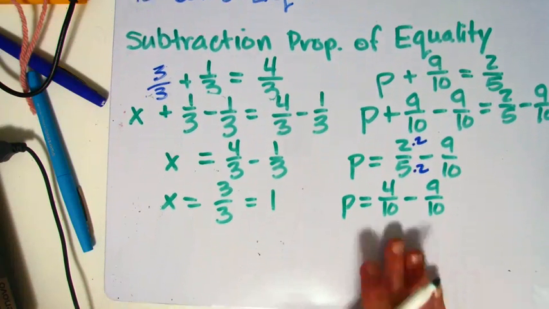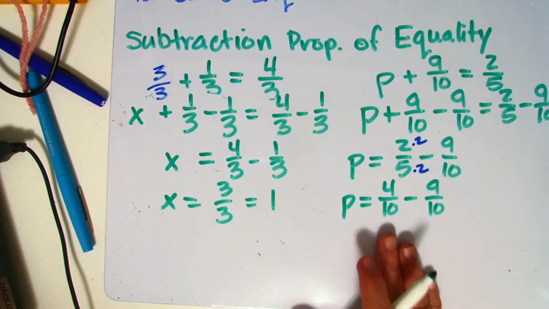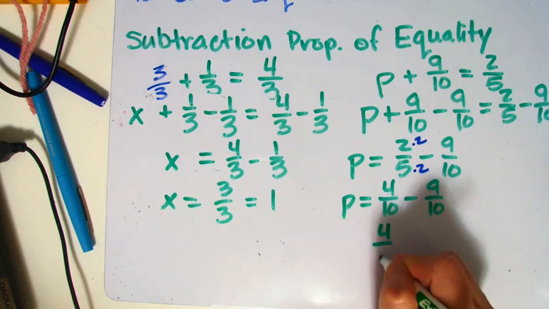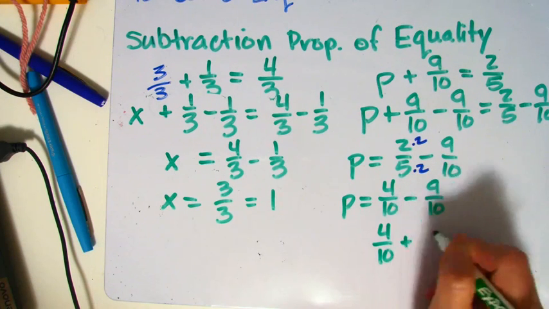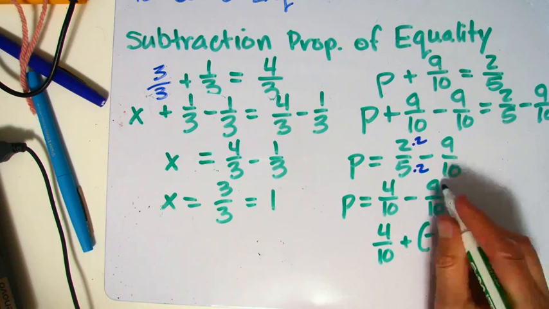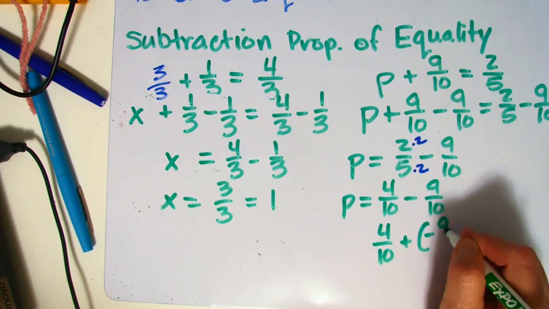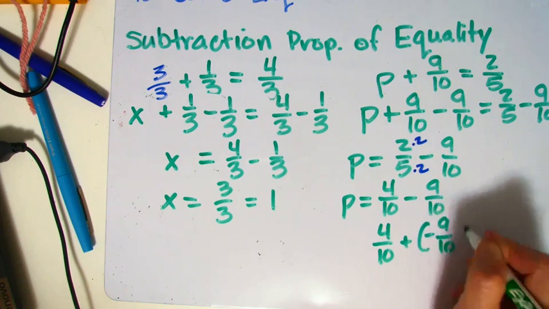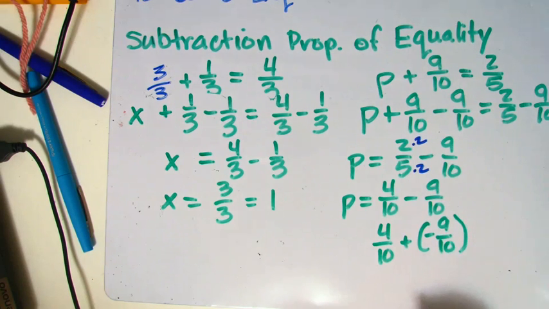Might be easier to change this to an addition problem. 4/10 plus the opposite of a positive 9/10, so that's going to give me a negative 9/10. And like with integers, if I have a positive and a negative being added together, I'm really subtracting.